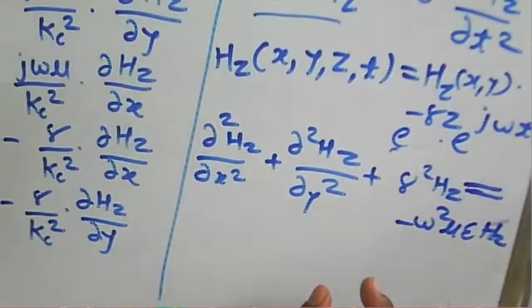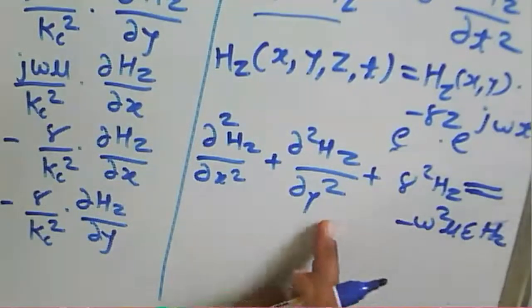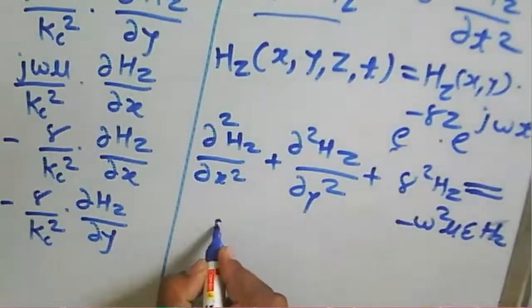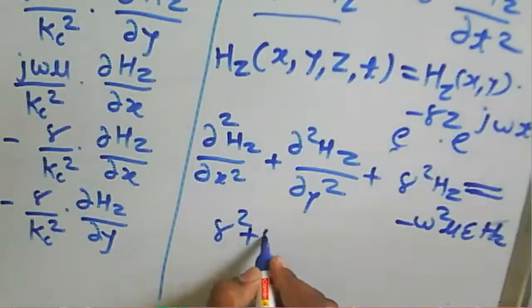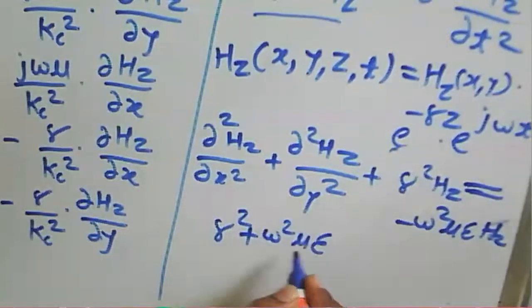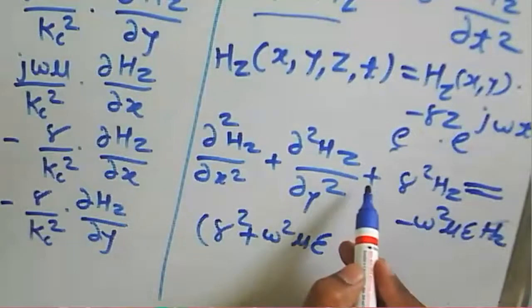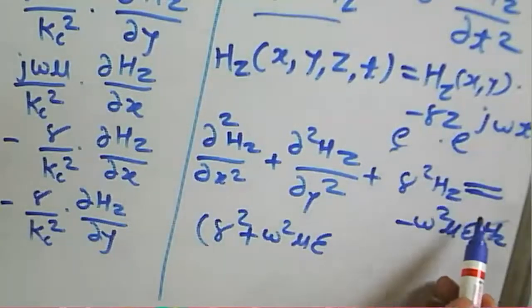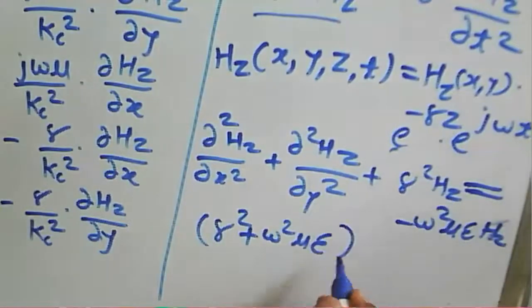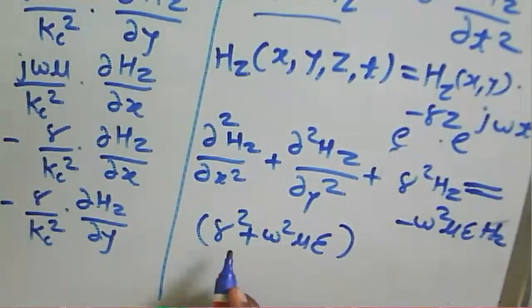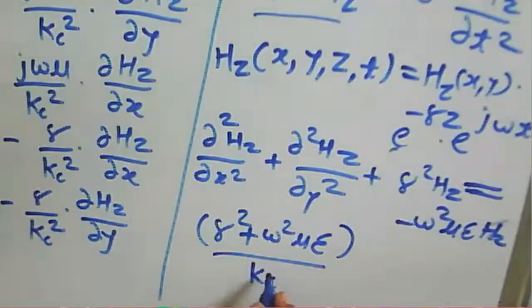Now using this equation, take the terms gamma square plus omega square mu epsilon and add them; they come outside. This particular term, gamma square plus omega square mu epsilon, is what we said earlier is Kc square.